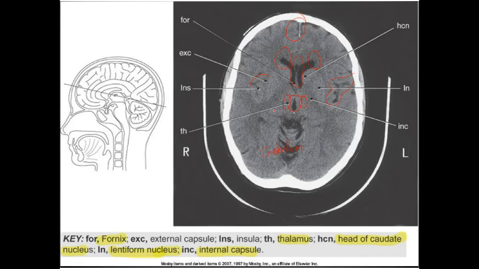The internal capsule being just to the side. Head of the caudate nucleus, which is causing the indentation here of the lateral ventricles, which gives it that teardrop shape. And then the fornix right here.